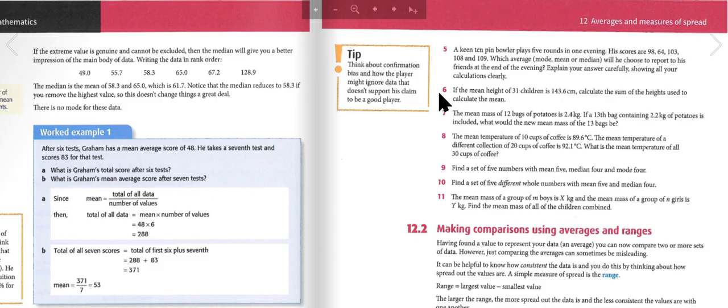Question 6. If the mean height of 31 children is 143.6 centimeters, calculate the sum of the heights used to calculate the mean. It is 4,451.6 centimeters, which is around 44.5 meters, but you don't need to know that.